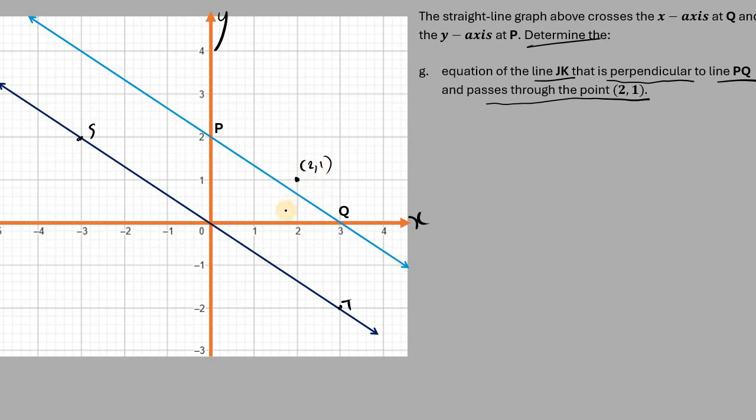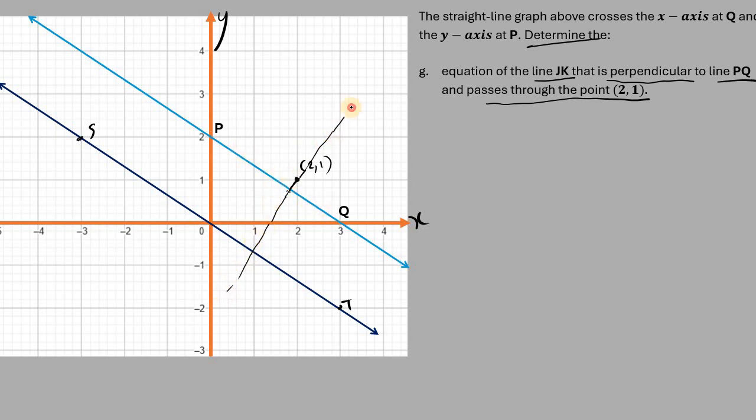So this line that is perpendicular will pass through this point 2, 1, right? If this line is slanted this way, for it to cut at 90 degrees, it probably cuts through here, something like this, right? We'll cut it at 90 degrees. And obviously, since these two lines are parallel, it'll also cut this one at 90 degrees as well. But our focus is PQ, right?